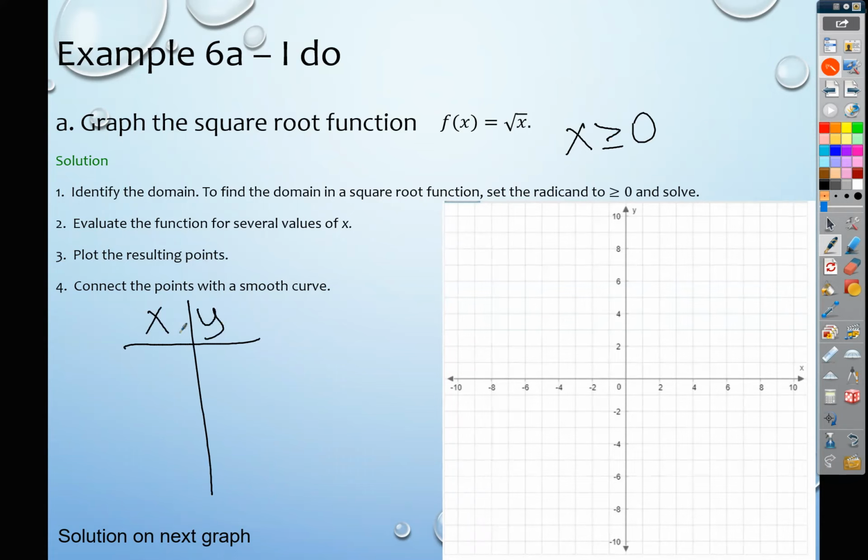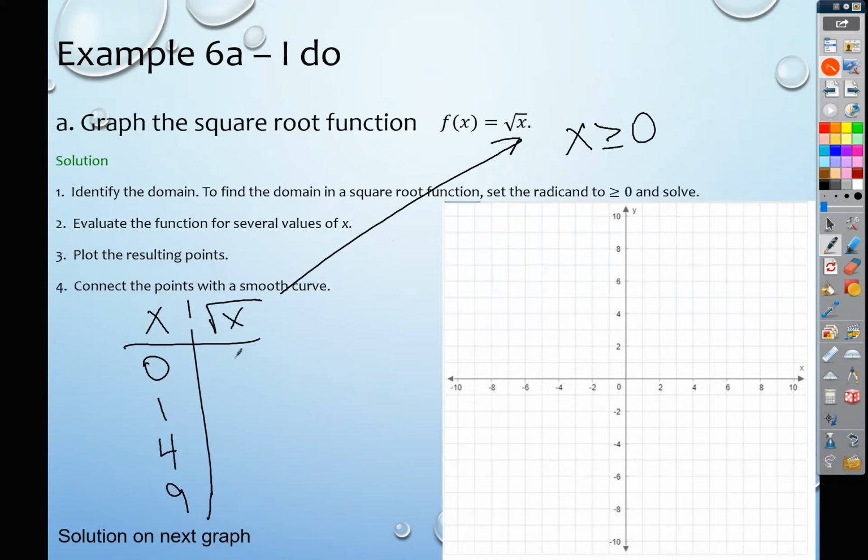All right, so if I said the domain starts at 0, I'm going to plot those points. The reason that I'm plotting these points in for x is because those are all perfect squares, and I want to end up with no decimals if possible. Okay, so if I plug in, remember, y is the square root of x, right? From right here.